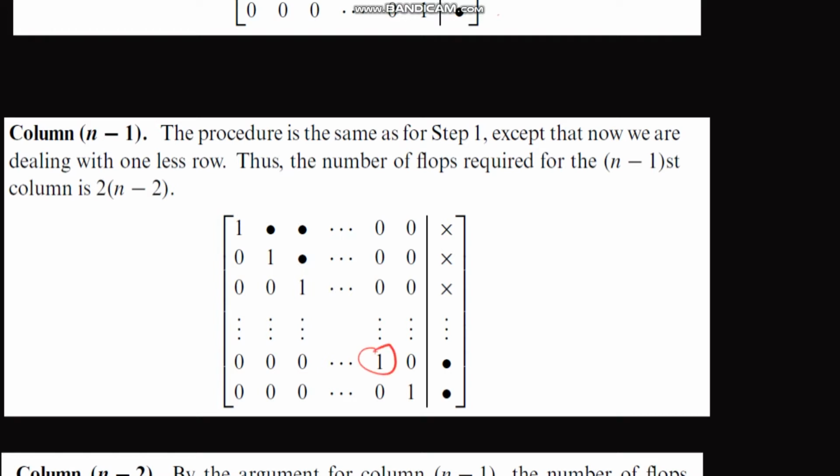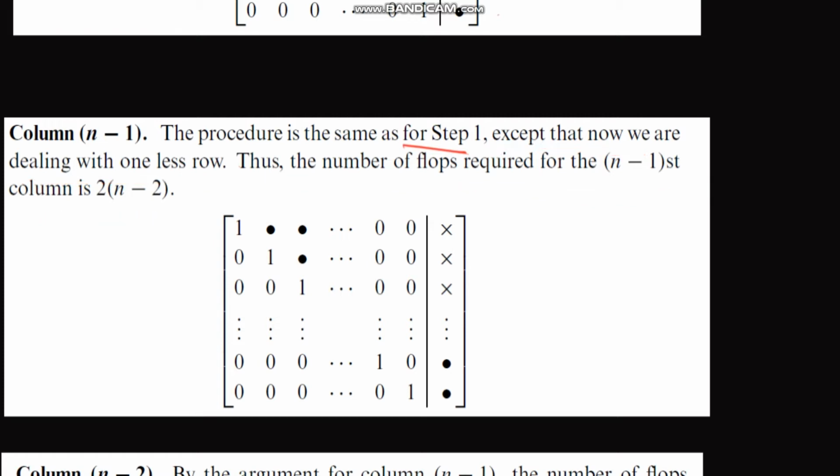The procedure is the same as step 1, except now we are dealing with one less row. So the number of flops in the n minus 1th column is 2 times n minus 2. You just need to reduce 1.